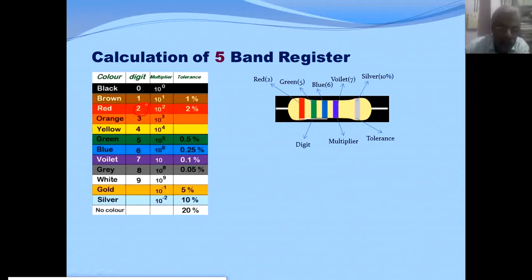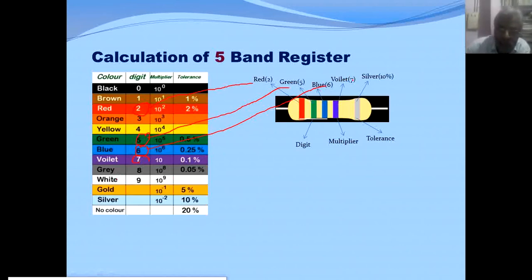So this 2 is written here, and the second color is green. The value of green, that is 5, I have written here, and the third color is blue. So the value of blue is 6. This 6 is written here, and the fourth color violet is 7.